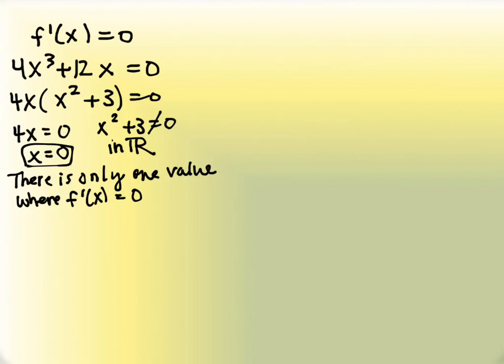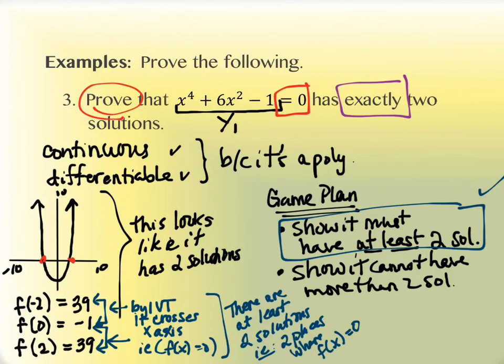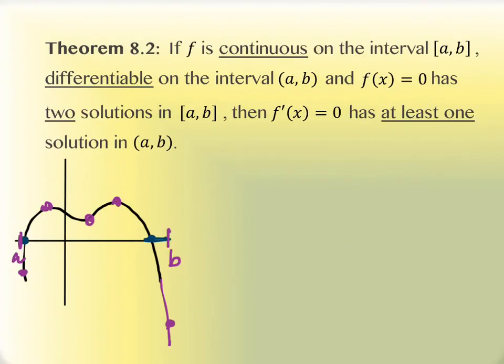So let's go back and take a look at what theorem 8.2 and or 8.3 can tell us about that. 8.2 actually works just fine on this one since we have a small number. 8.2 said that if the original equation we were dealing with had 2 solutions, then we would have at least one solution in our value system, right?